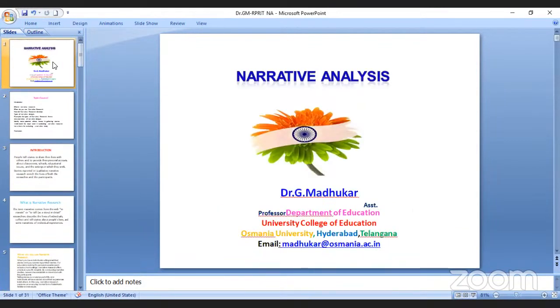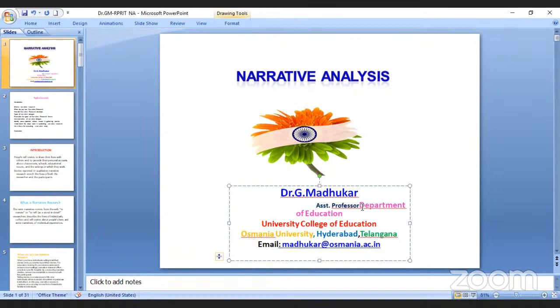Here we rely upon the individuals only. Based on their inputs, you can analyze. There is no hard and fast rule. There is no meter to measure that accuracy. It all depends on the individual participants. You have to depend on the individuals.